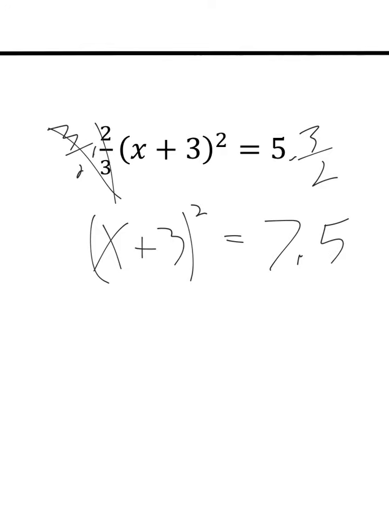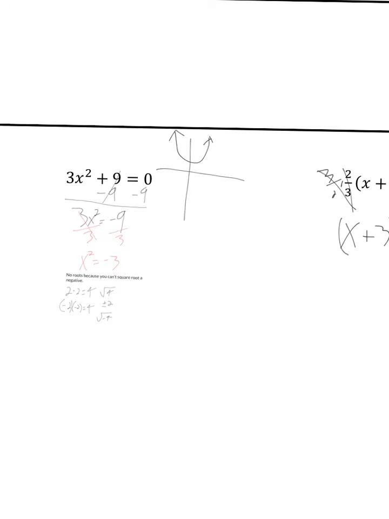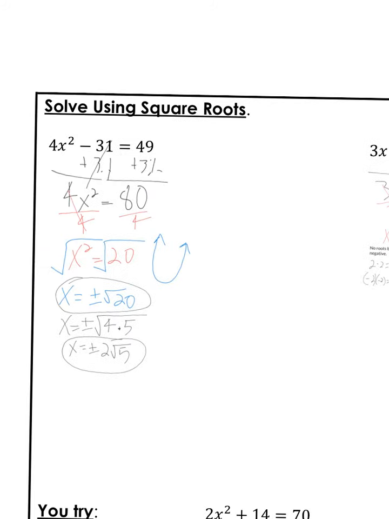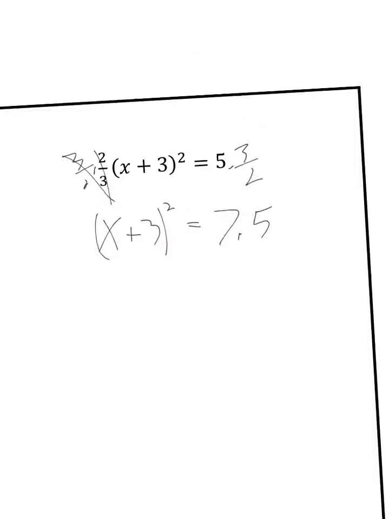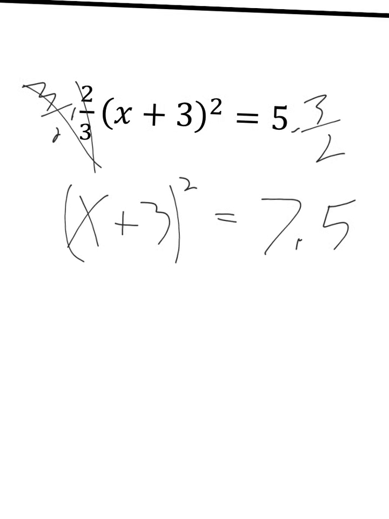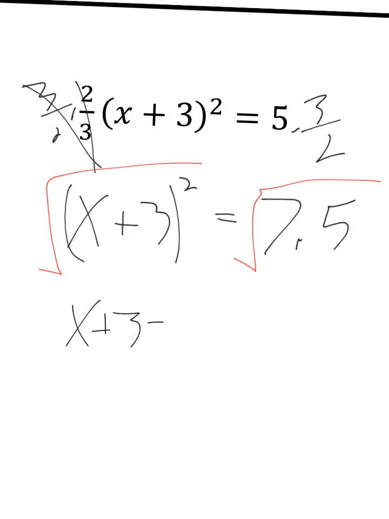Now, in the other ones, we got it down to x squared, and then we took the square root. Well, I guess just in this one, you have parentheses. It's the same thing. You're going to square root it. And so what that's going to do is you're going to have x plus 3 equals plus or minus the square root of 7.5, I guess.